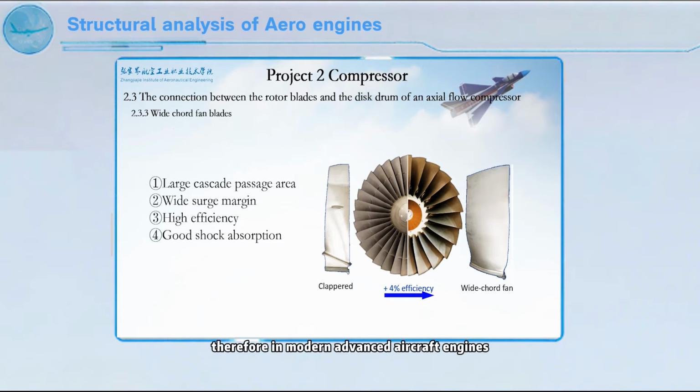Therefore, in modern advanced aircraft engines, wide chord fan blades are used to replace narrow chord fan blades with vibration damping bosses. Compared with narrow chord fan blades with vibration damping bosses, wide chord fan blades have the advantages of a large cascade channel area, wide surge margin, high stage efficiency, and good vibration reduction.